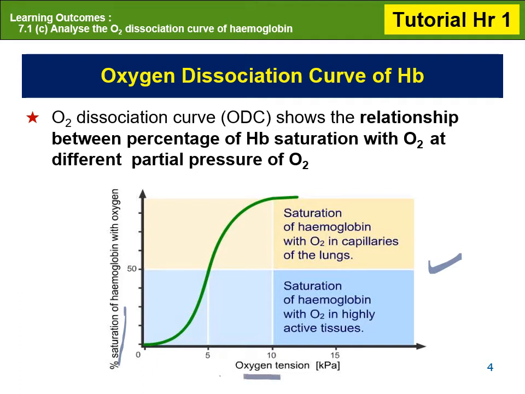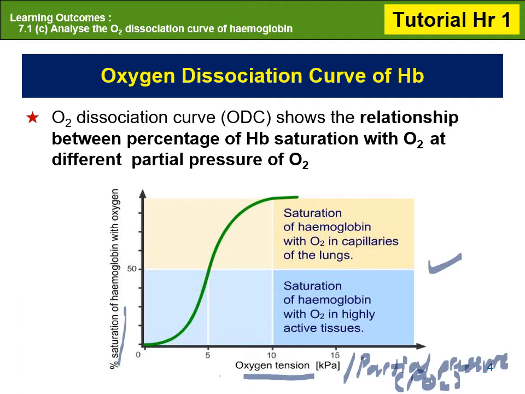So at various oxygen tension ataupun di sini kita also known as the partial pressure of oxygen, PO2. Meaning partial pressure of oxygen. So the ODC for hemoglobin here shows the percentage saturation of hemoglobin at various partial pressure of oxygen.